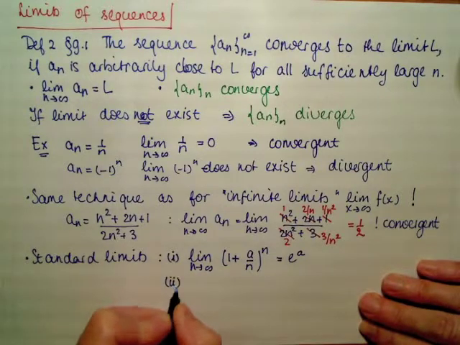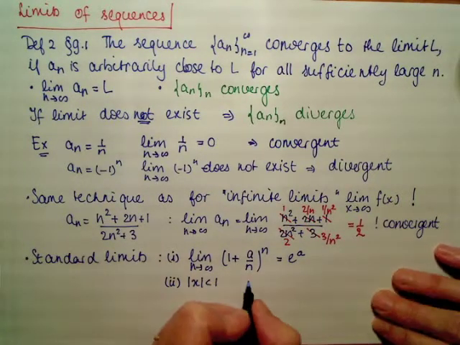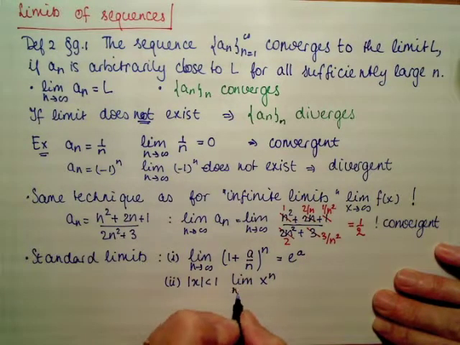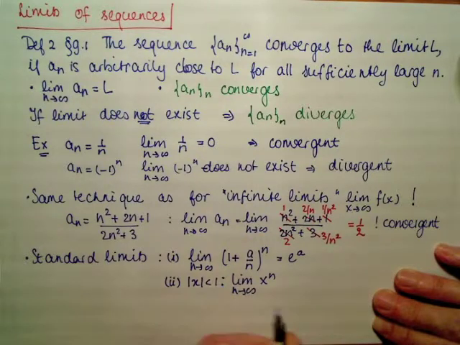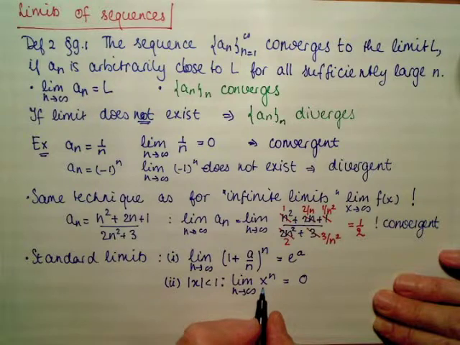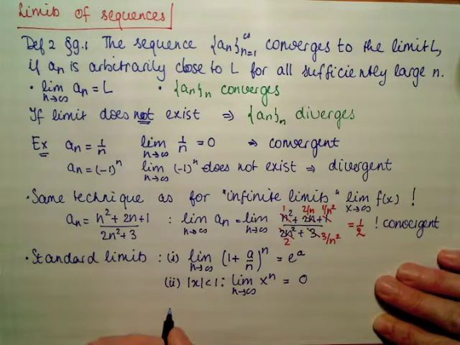Now the second one, which we will use later on: if we have a number x smaller than 1 in absolute value and we raise it to the power n and consider the limit for n tending to infinity of this expression, then what we get is 0, because if we think of x being equal to 1/2, for instance, then if we raise 1/2 to a higher and higher power, the number becomes smaller and smaller, so we get 0 eventually.